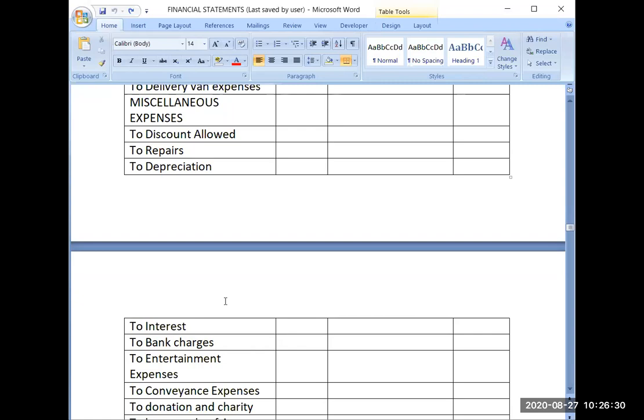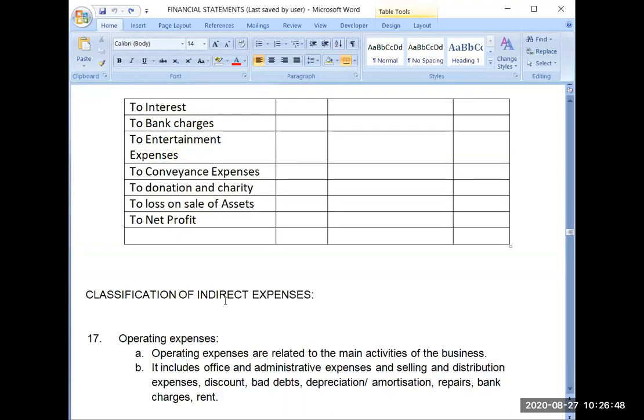Repairs: repair of building, machinery, and various fixed assets. Depreciation on various fixed assets, interest you are paying on loans. The bank will charge you for their services, known as bank charges. Entertainment expenses: if you are entertaining your customers, offering some eatables or gifts.